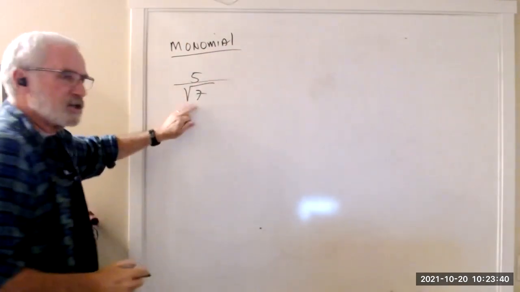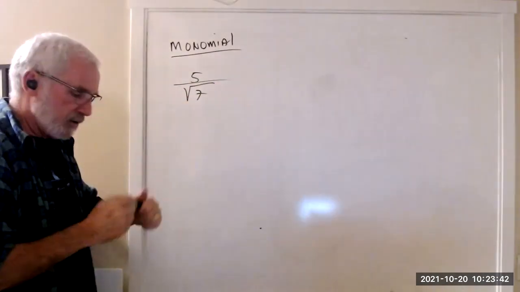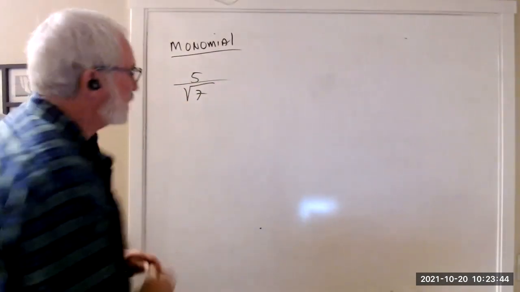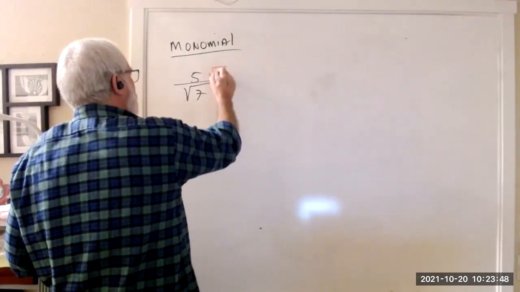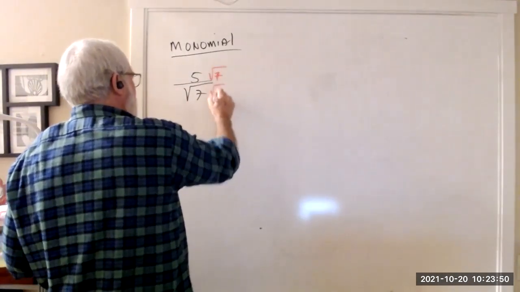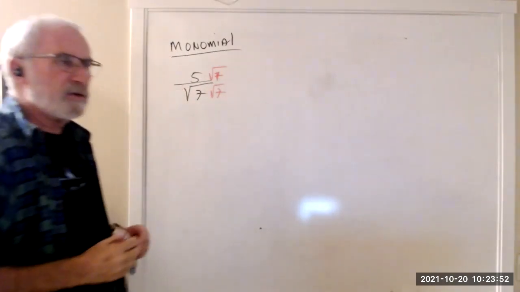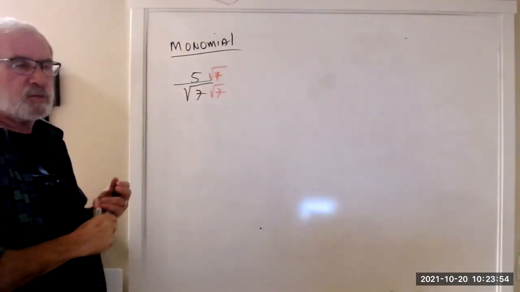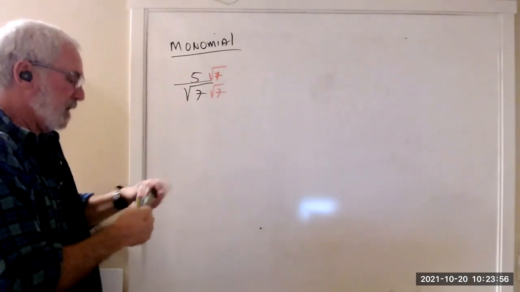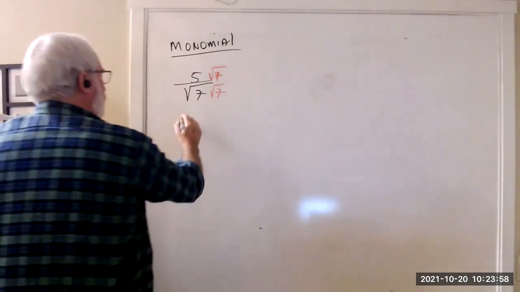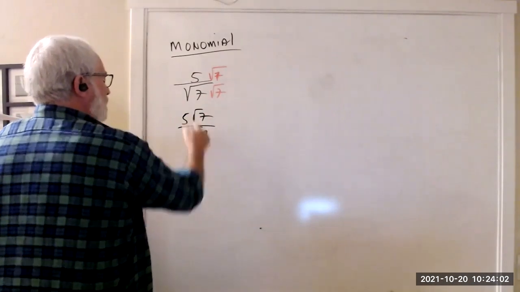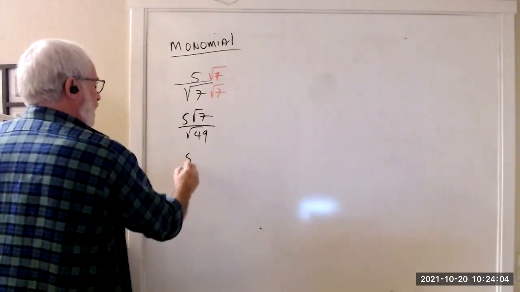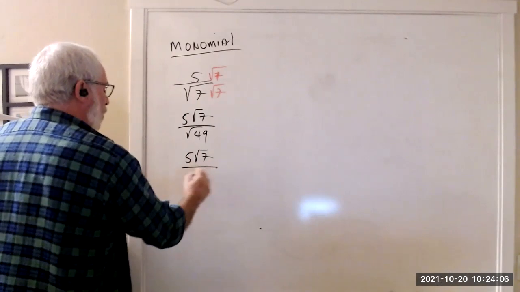You had a single thing in the denominator, and so to fix it, you had to multiply top and bottom by the square root of 7. Remember, it's a square root, so we can afford to be lazy. Just multiply top and bottom by that same thing. So we have 5 times the square root of 7 over the square root of 49. So that's 5 square roots of 7 over 7.